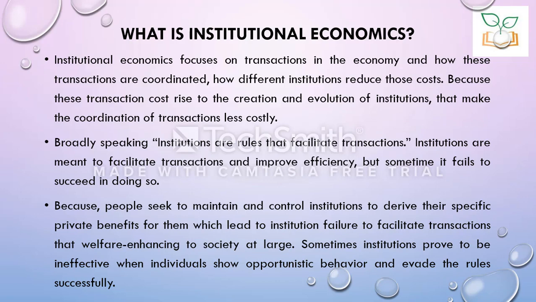Institutions are meant to facilitate transactions and improve efficiency, but sometimes they fail to do so because people seek to maintain and control institutions to derive specific private benefits for themselves, which leads to institutional failure to facilitate transactions that are welfare enhancing to society at large.